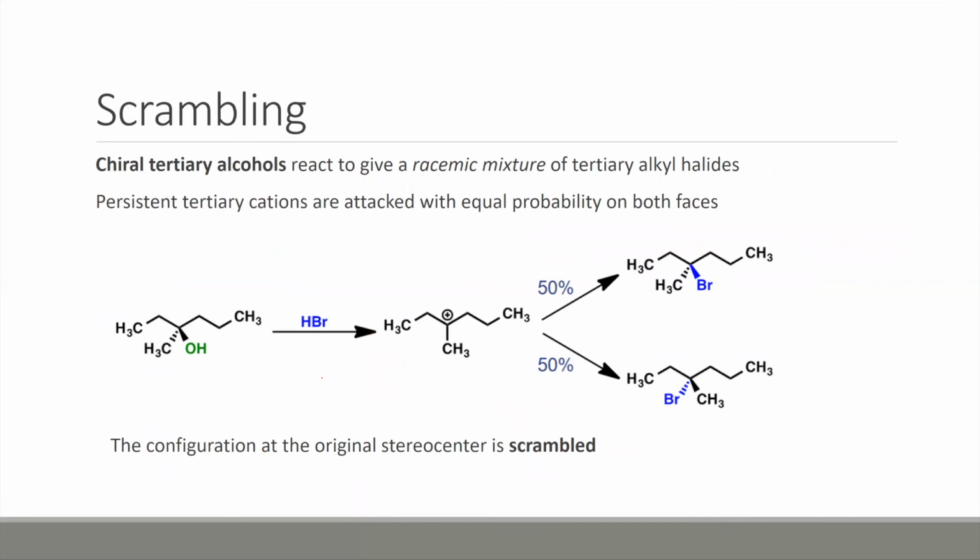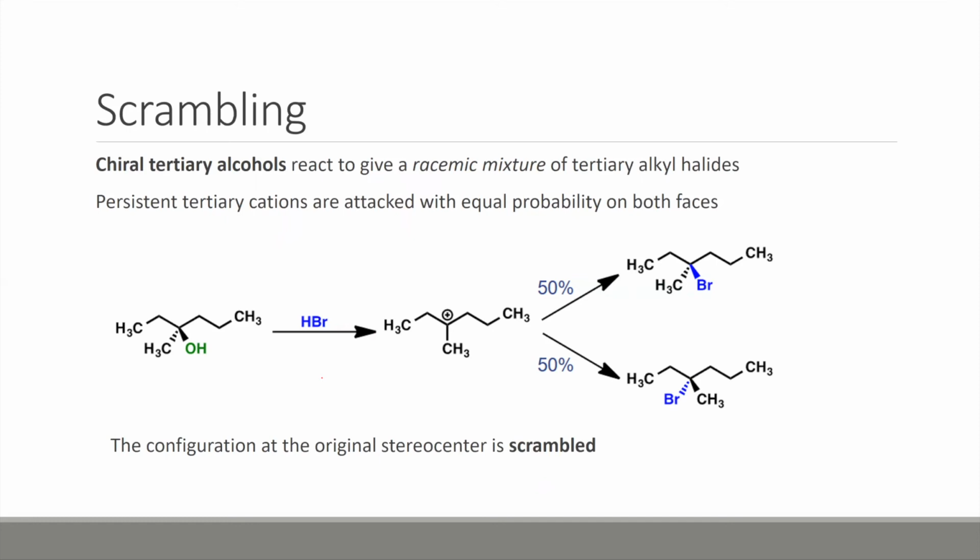Now, when you have a tertiary alcohol, you actually have scrambling. So in a tertiary alcohol, you get a racemic mixture, meaning a mixture of both the R and the S state. This is because tertiary cations are attacked with equal probability on both faces.